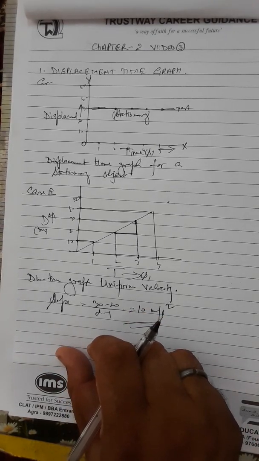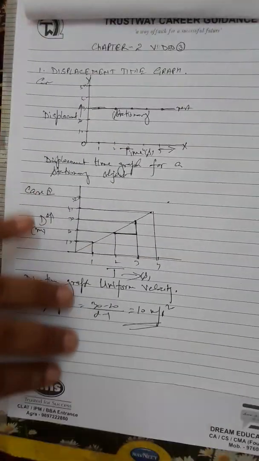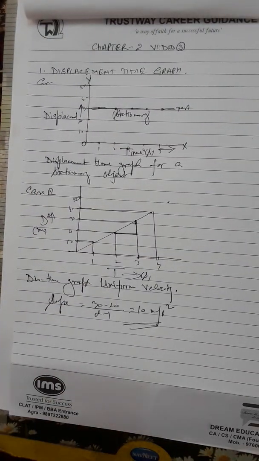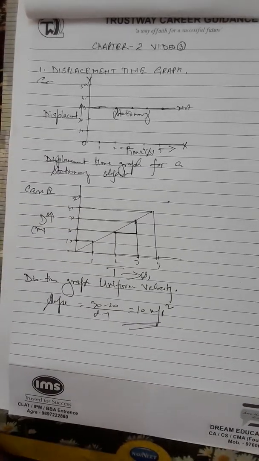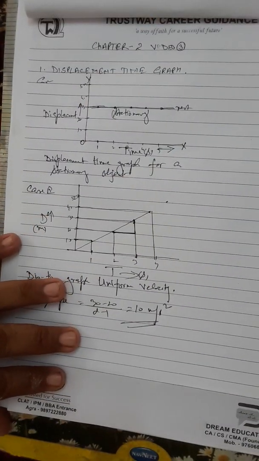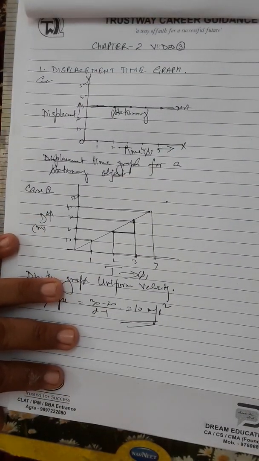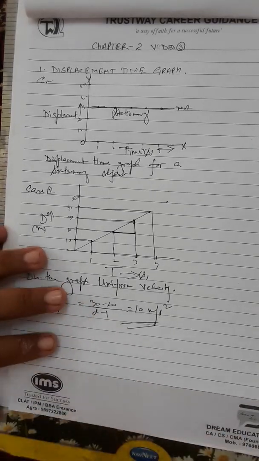Greater the slope, more is the inclination. More the inclination of a straight line, higher is the velocity. Clear? So these two types of graph we have seen. Now third case, third example, they have given the displacement time graph with positive and negative slope.